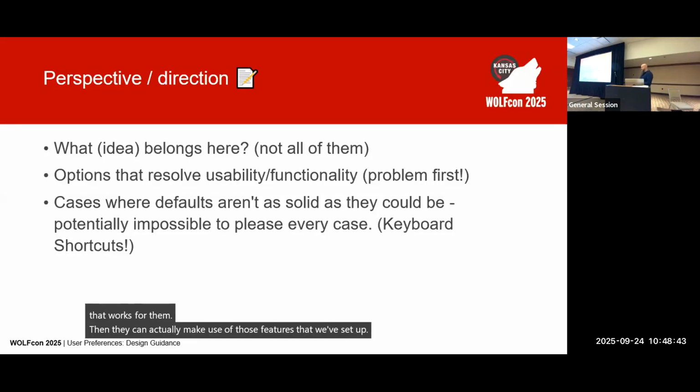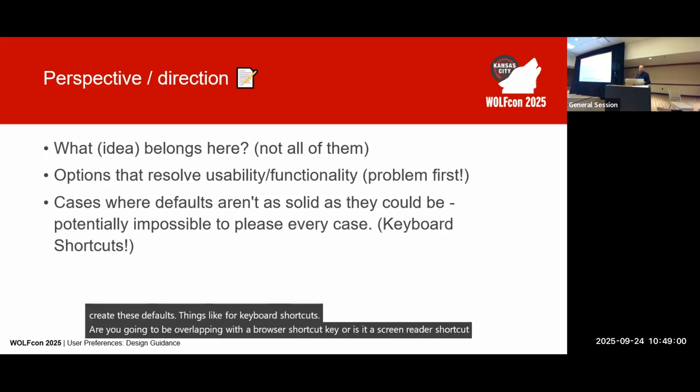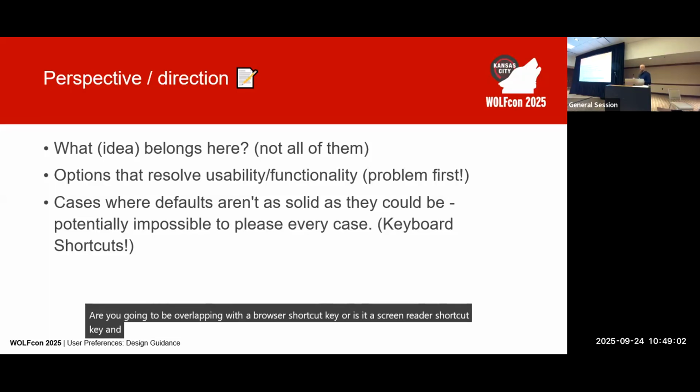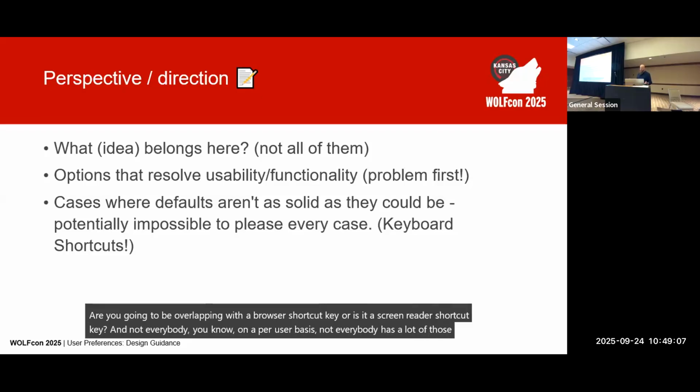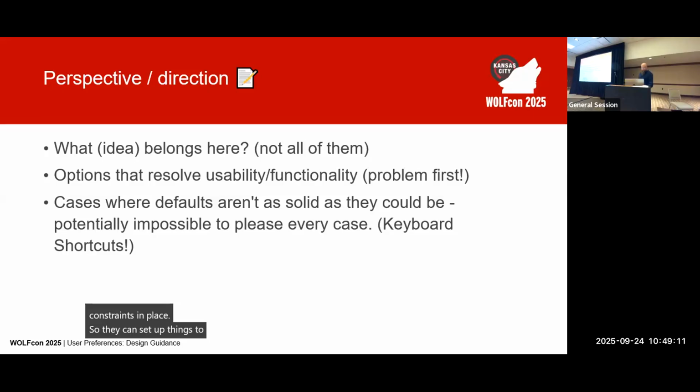There are a lot of other constraints too that we find ourselves up against when we're trying to create these defaults. Things like, for keyboard shortcuts, are you going to be overlapping with a browser shortcut key? Or is it a screen reader shortcut key? And not everybody, on a per user basis, has a lot of those constraints in place, so they can set up things to their own liking.